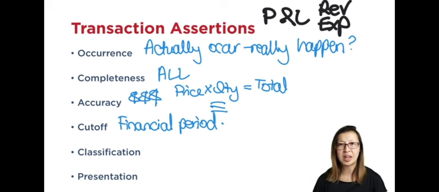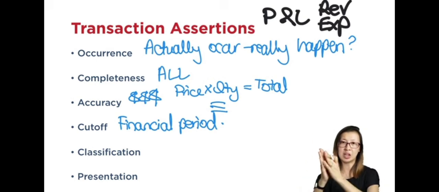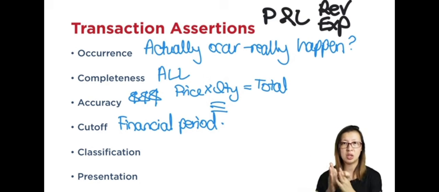Now, if you're in a bricks and mortar store, that's not such a big issue. But if you're an online business, recording cutoff, knowing that exact point, and transactions on one side are in this financial year, transactions after the cutoff point are in the next financial period. That's really important, and that's what cutoff is all about. So it's about cutting off our transactions at the end of the period.